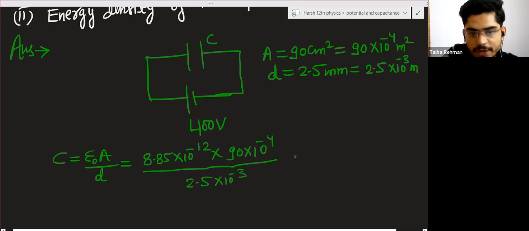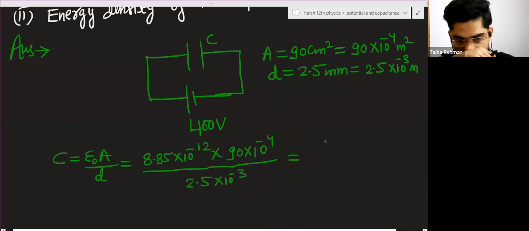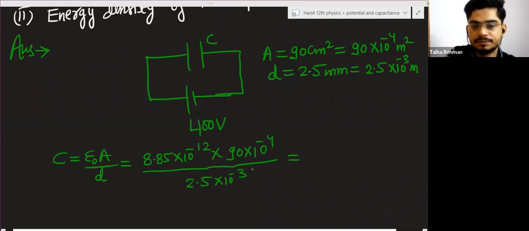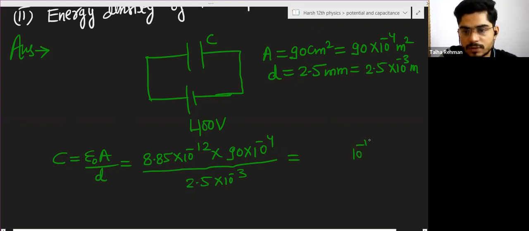When you calculate this, you will get the answer. I am calculating. So this is 10 to the power minus 12 and minus 4, so this will become 16, and this will become 10 to the power minus 13, and this we have to calculate.